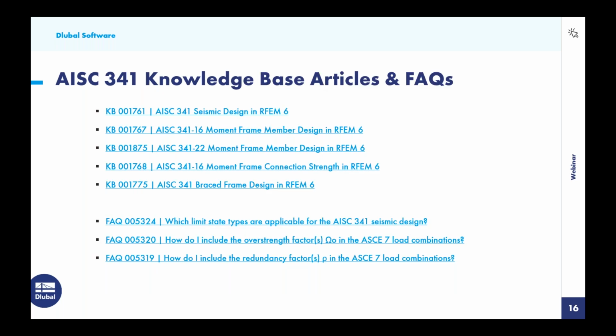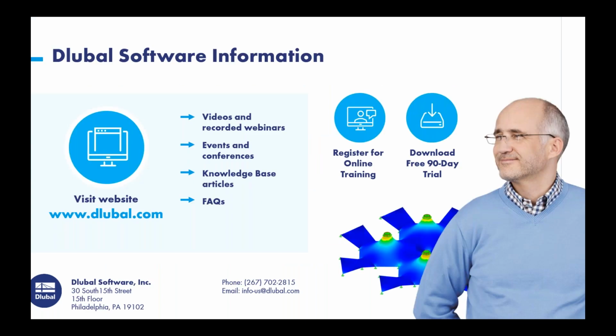We do have quite a few knowledge-based articles and FAQs for these new 341 checks. So if you're interested to view some of the different calculations that are carried out in more detail, as well as maybe just some commonly asked questions about the workflow, these are all hyperlinks as well in that PDF. So you can feel free to visit the website with those hyperlinks.